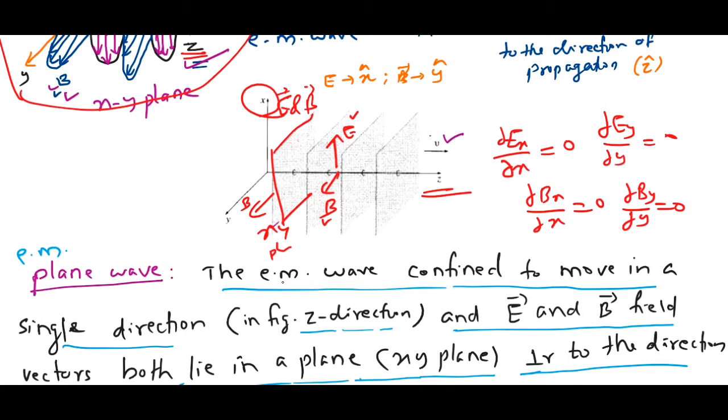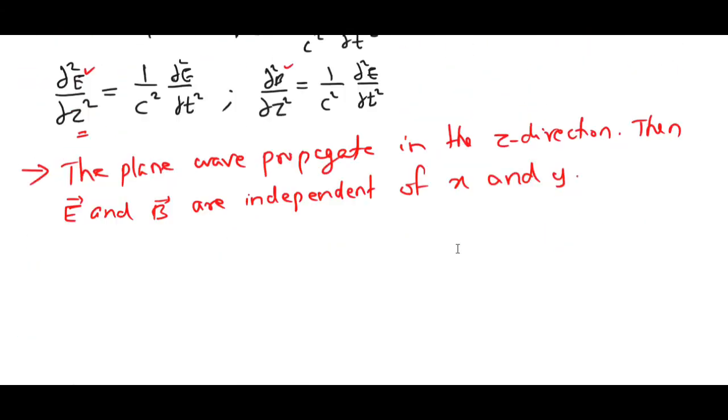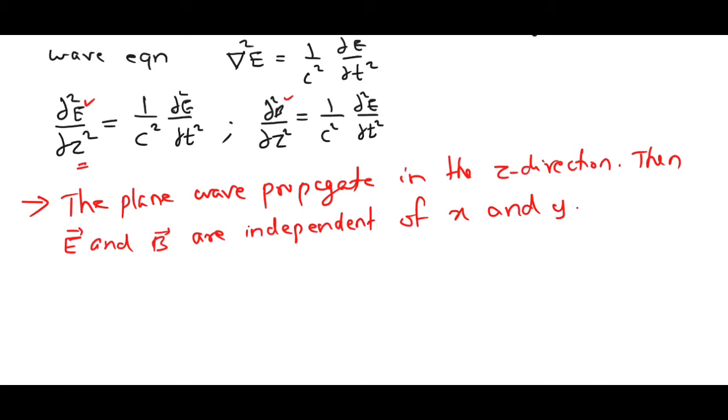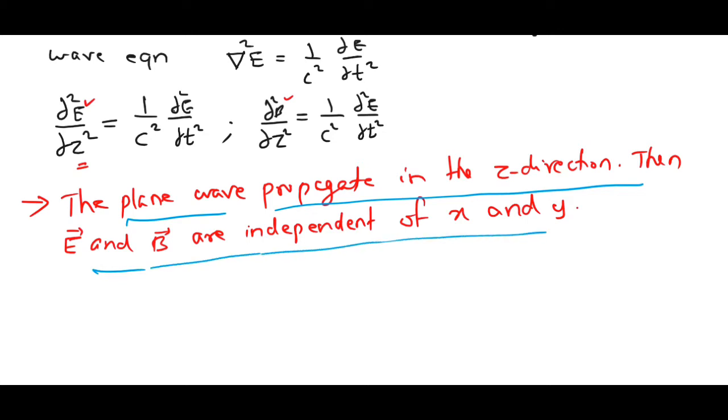The magnitude of the electric and magnetic field may change with respect to the z direction only, because the wave is propagating along the z direction. That's why we have written here: the plane wave propagates in the z direction, then the electric and magnetic field are independent of x and y.